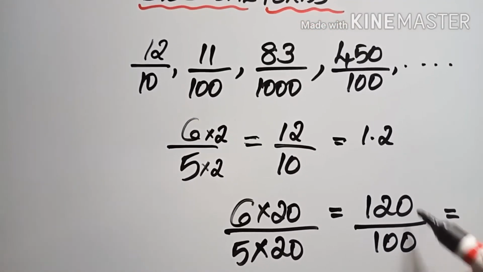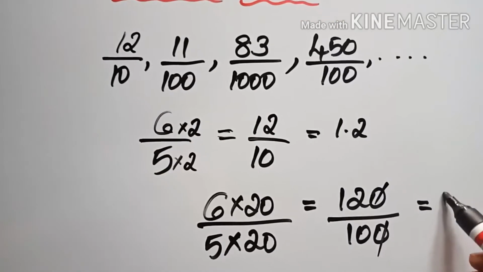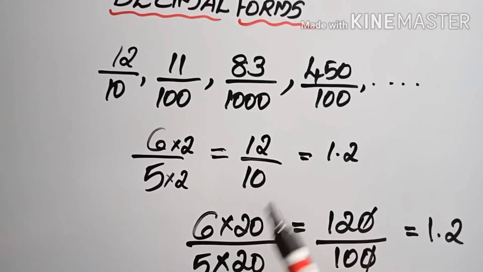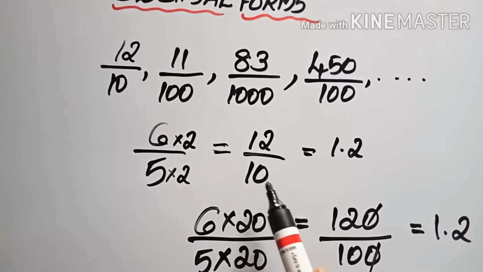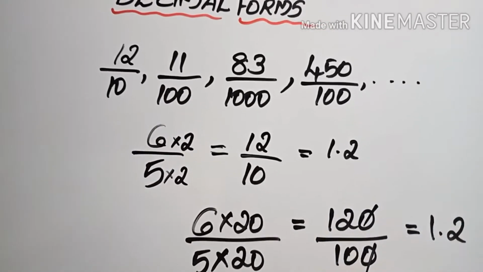We can cancel the 0 and 0, so 12 by 10, and again we get the answer 1.2. This is also possible, but the least number is always better. If there is a chance to convert into the least multiple of 10, that is better. So this is the way.